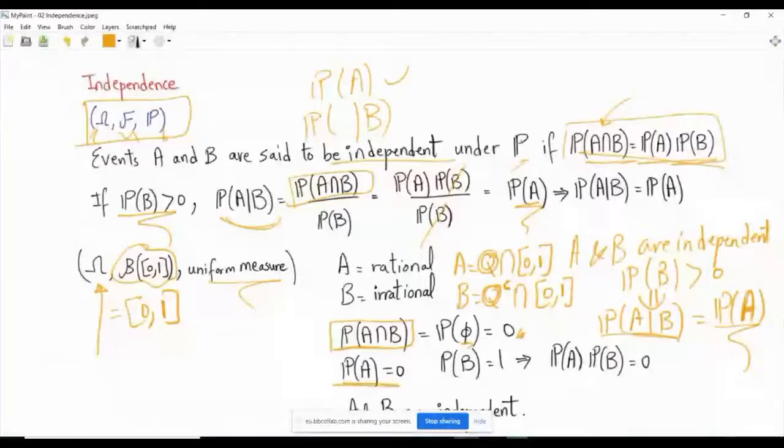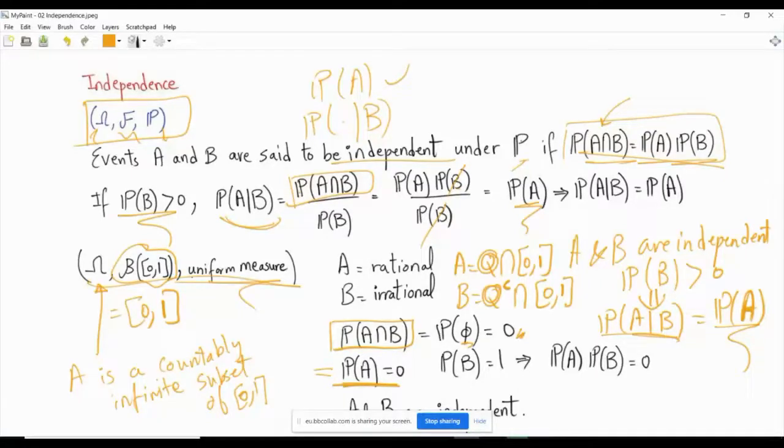Now, what is the probability of A? It is 0. Why is it 0? This is 0 because A is a countably infinite subset of [0, 1]. Remember when we talked about this probability space, the singleton subsets, which are all in the Borel sigma algebra on [0, 1], are assigned the probability 0.